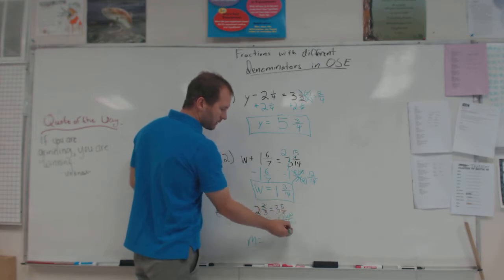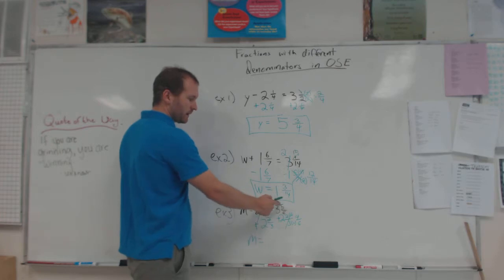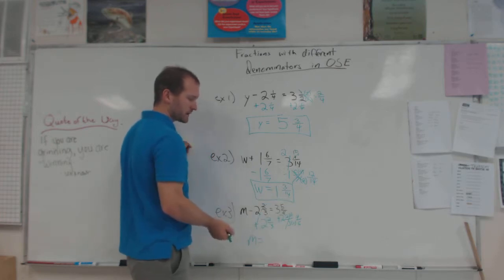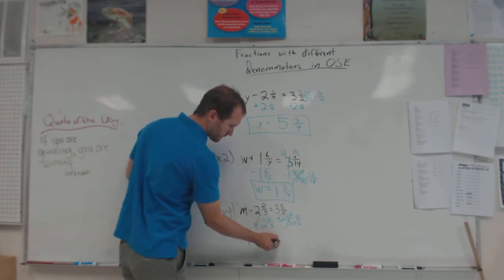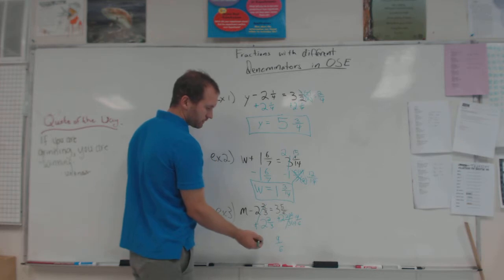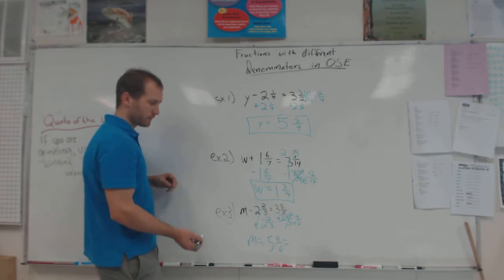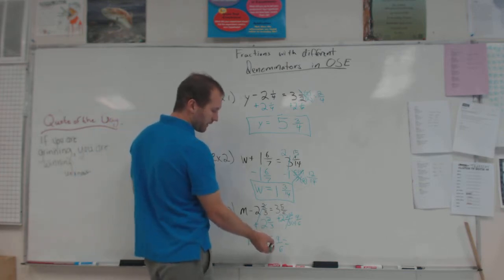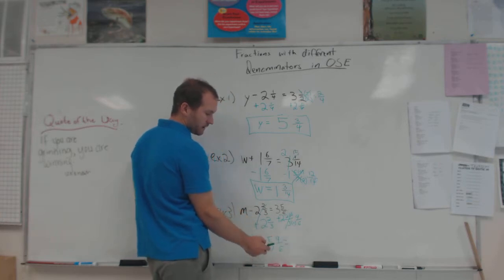So now I have 4/6. What is 5/6 plus 4/6? 9/6. And what is 3 plus 2? 5. Wait a second. What am I going to do? Divide 9 by 6. And what am I going to get? You guys look at that and tell.